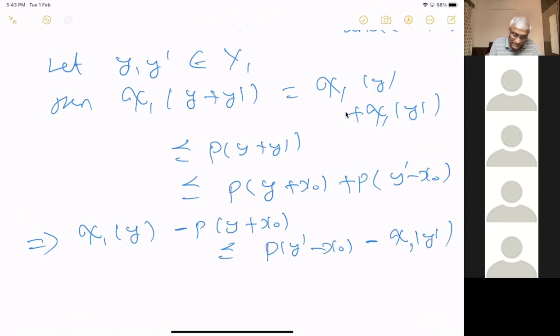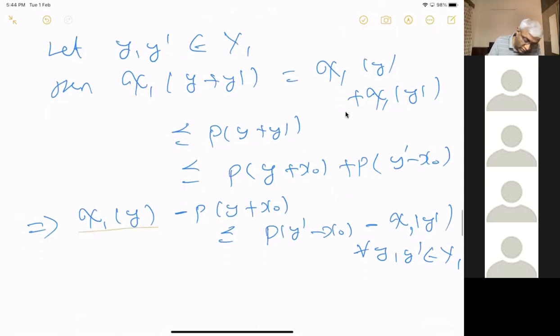Okay, so this is true for all y and y prime in y1. I have just used the linearity of chi1 and sublinearity of the Minkowski functional p. So I have got this inequality for all y and y prime. This is true. So you can take the supremum on the left hand side and the infimum on the right hand side. Still this will be true. And the supremum over all elements, right?